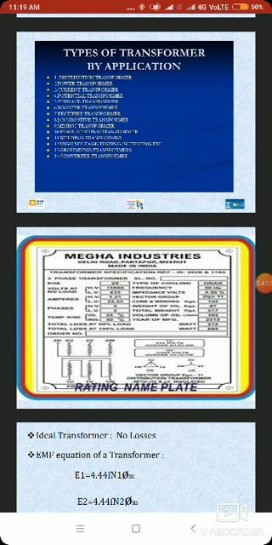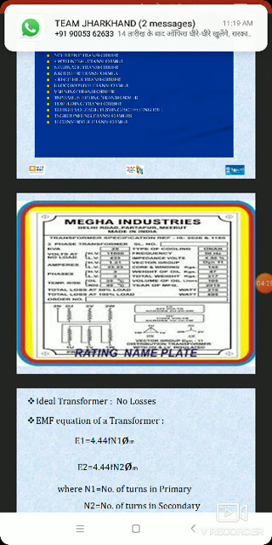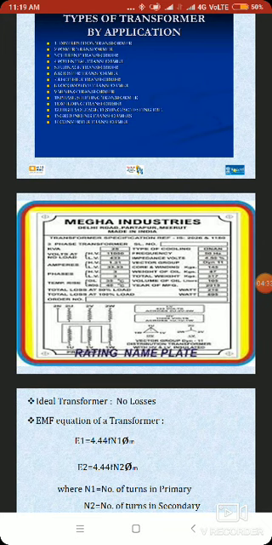Then the frequency, impedance voltage, and the vector group, like DYN11, then core and winding. What is the total weight of the transformer, volume of oil, weight, year of manufacture. Below is given the connection diagram, that is the vector group.